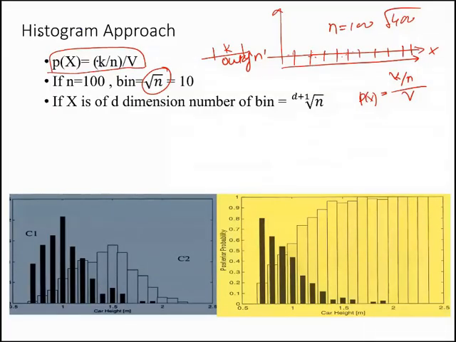But if it is a two-dimensional case, then instead of this kind of bin on the x-axis, we have to have two axes, say like this. So this will be your x1 then, and this will be your x2. Then you have to divide x1 and x2 like this, and then you have to make bins.